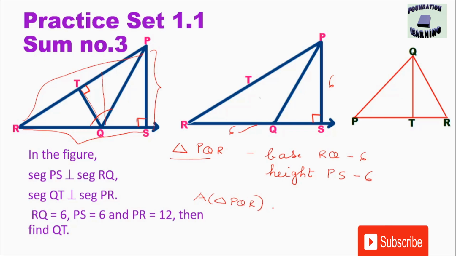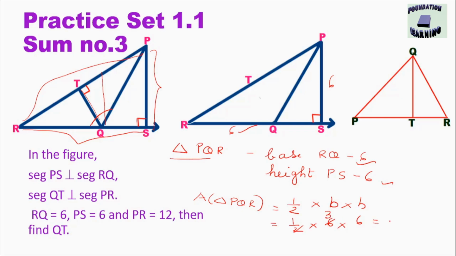Area of a triangle is half into base into height. Half into, what is the base? Base is 6. What is the height? Height is also 6. So 2 ones are 2, 2 threes are 6.